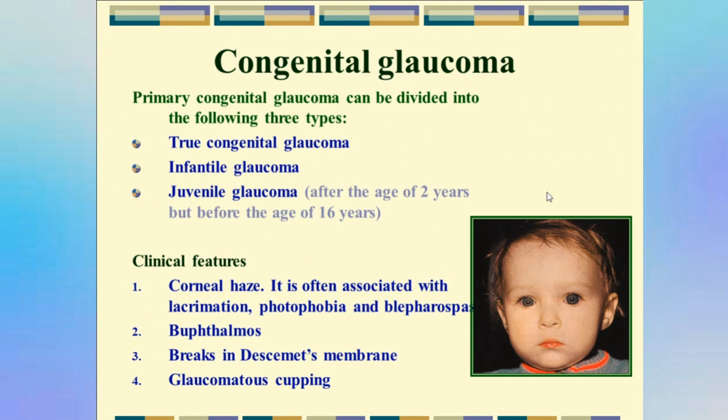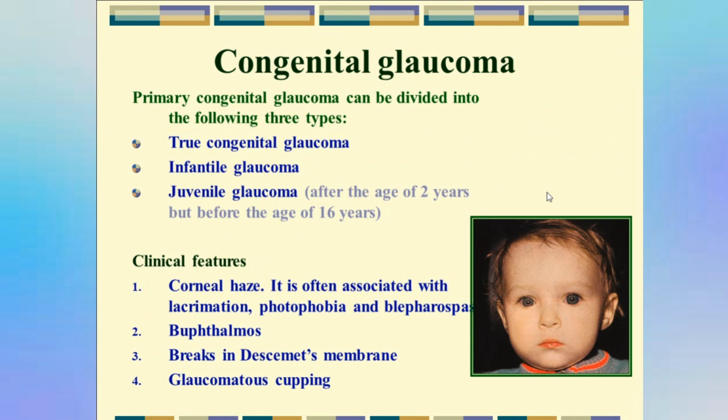Clinical features. Of course, a newborn can't tell you about pain, can't say about redness, and so on. Usually, we can see corneal haze, a blurring cornea, not fully transparent, and we can see lacrimation, photophobia, and blepharospasm.